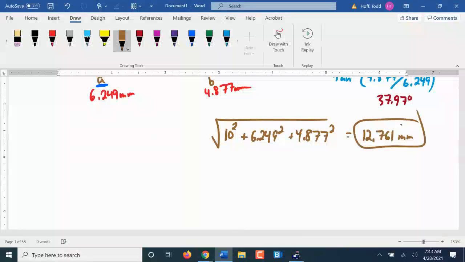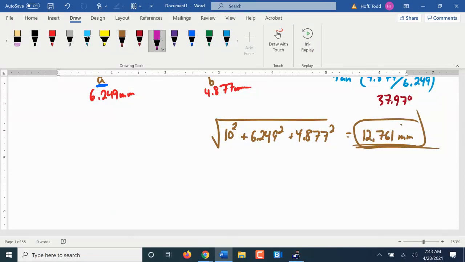Now, the only way that would actually be the length of bore is if we were given the thickness of the part. If we had been told that the part was 10 millimeters thick, then that actually would be the length of the bore. But we just guessed the 10, we chose the 10 millimeters to do the rest of the calculations. This is just a hypothetical length.